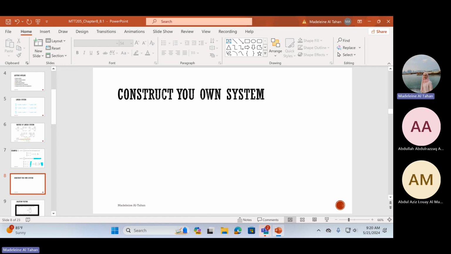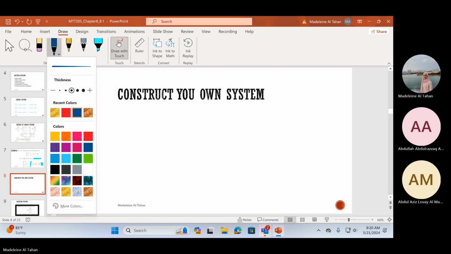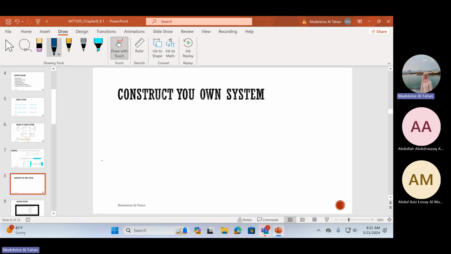Would like to come to the board and write his own system on the board. I'm not sure if it's solved or not. Yeah, so solve it.